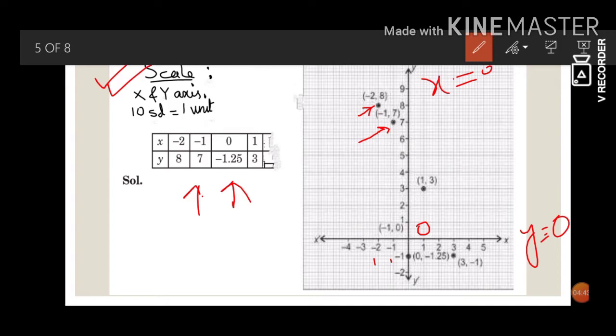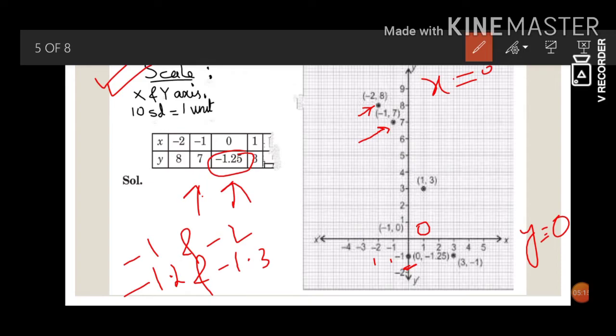It will lie between minus 1 and minus 2, or to be precise, between minus 1.2 and minus 1.3. Between these 2 points we will find our point minus 1.25. Since the gap between the points is very small, I have marked it like this. So this is our point on the axis.